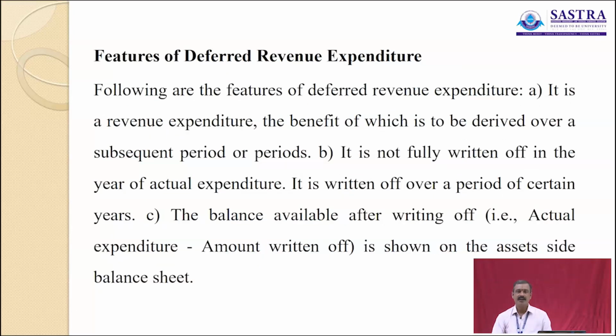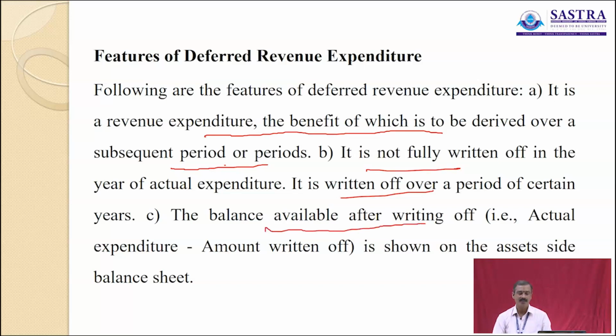Such expenditure also has its own features. Following are the features of deferred revenue expenditure. It is a revenue expenditure, the benefit of which is to be derived over a subsequent period or periods. It is not fully written off in the year of actual expenditure.